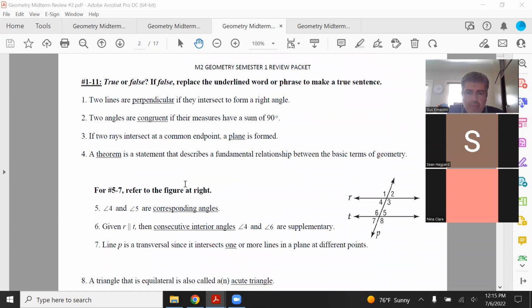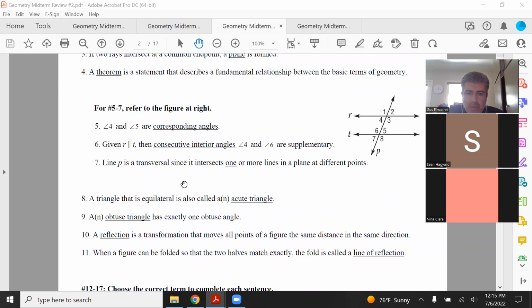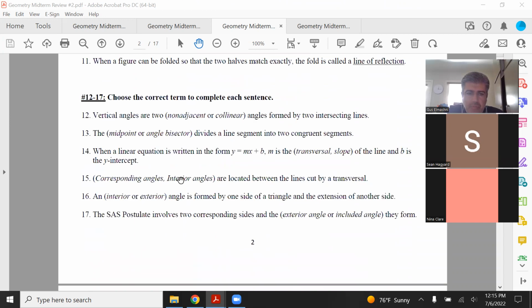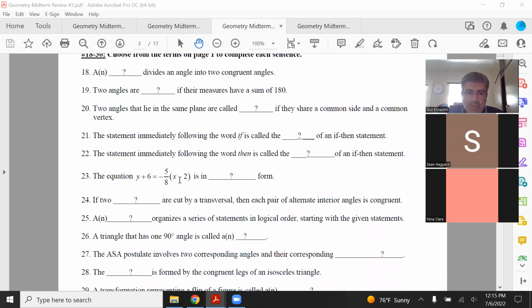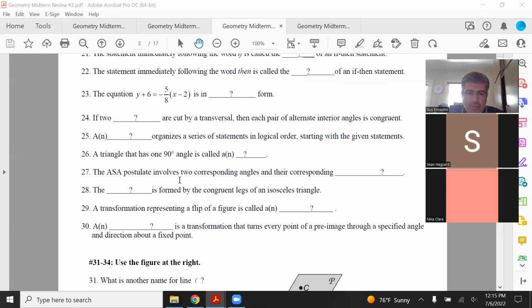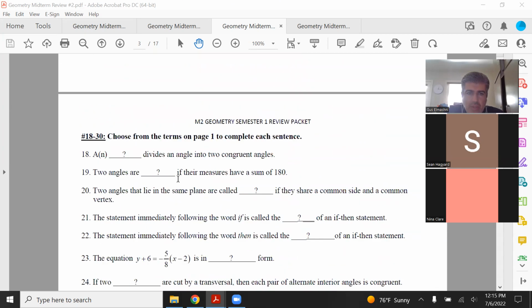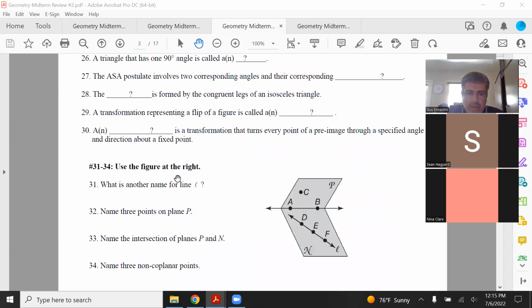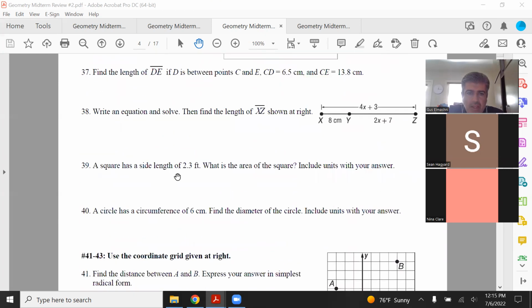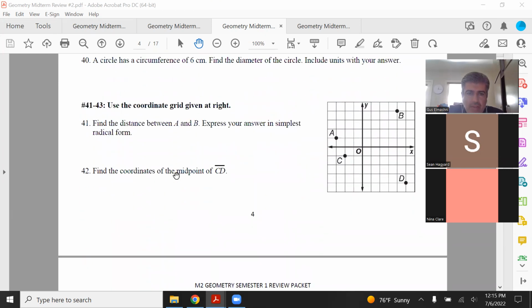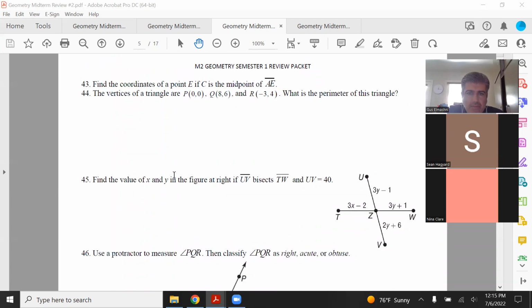There are a bunch of true false questions, which we could probably do in a little bit, but I think the first page is fine. Just on a quick scan, it seems like the second page would be fine. I think this page is fine. I think that page is fine.